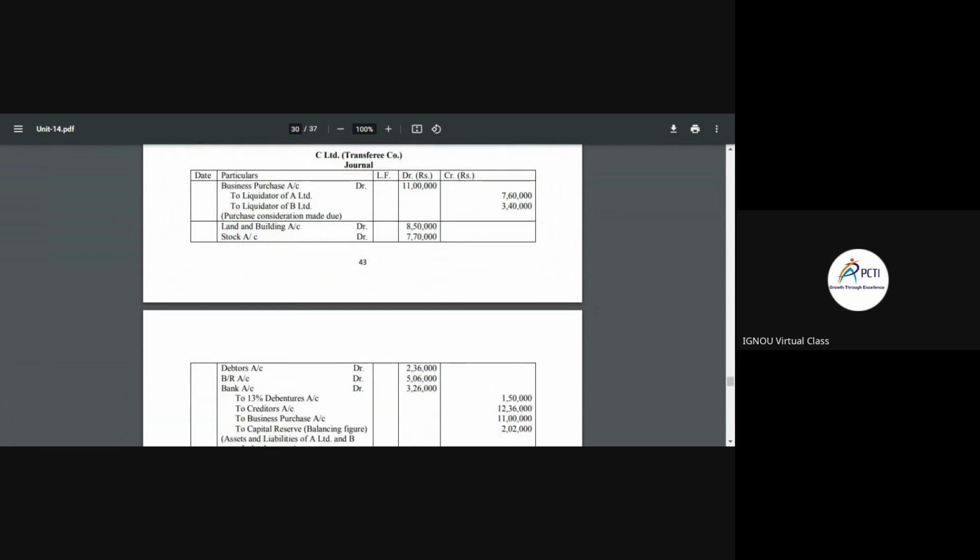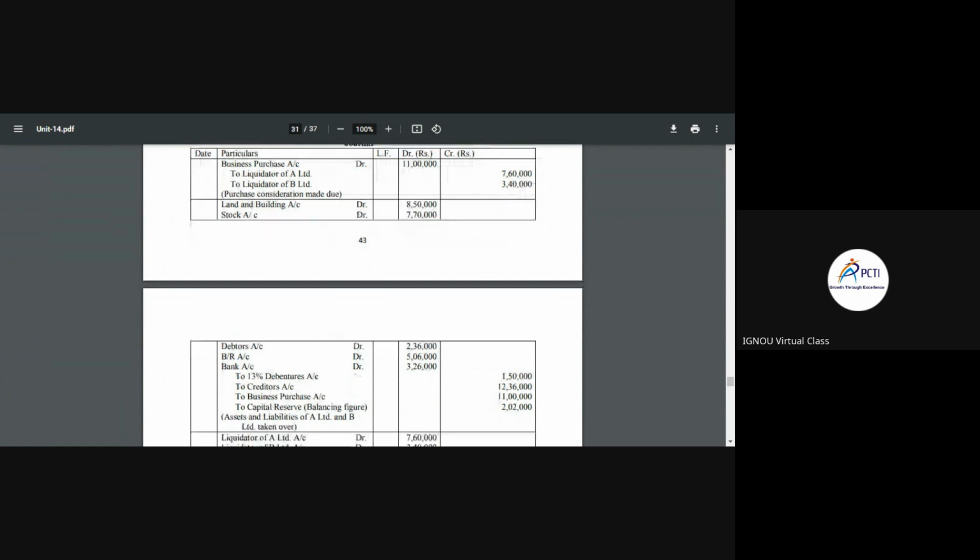So now we need to pass the necessary general entries in the books of the transferee company, that is C Limited. The first entry will be passed as business purchase account debit to liquidator of A Limited and liquidator of B Limited. The entry amount will be 11 lakh for the business purchase, 7 lakh 60,000 for liquidator of A Limited, and 3 lakh 40,000 for liquidator of B Limited.